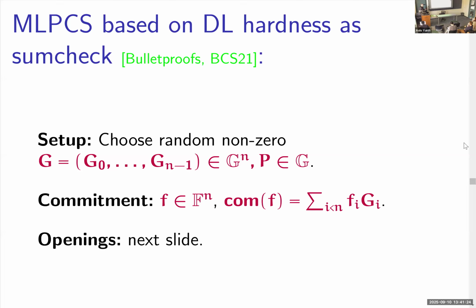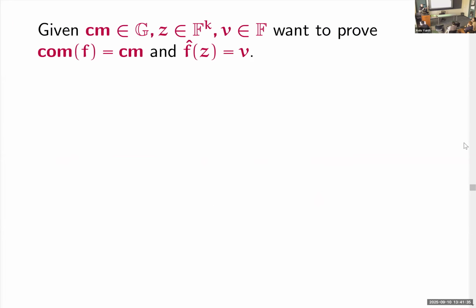And now the more interesting part is how we do an evaluation. Again, what do we want? We have some commitment Cm, some input z, some value v.